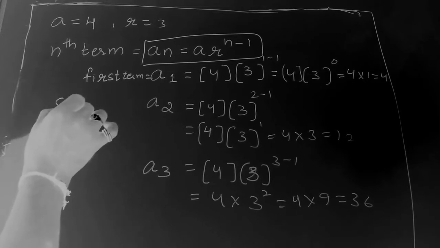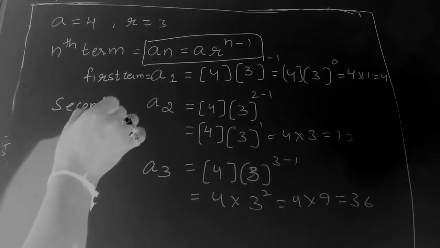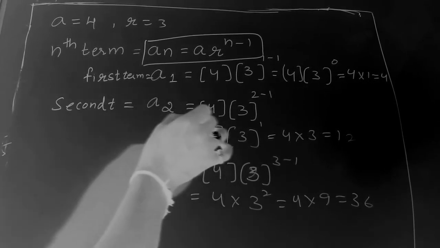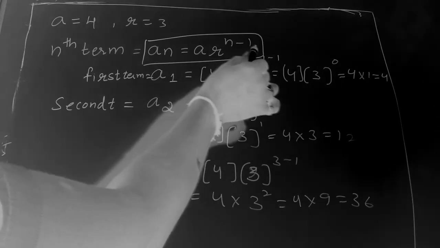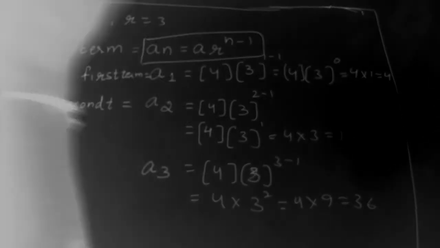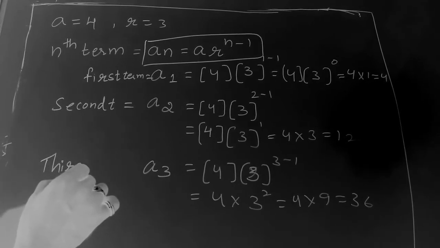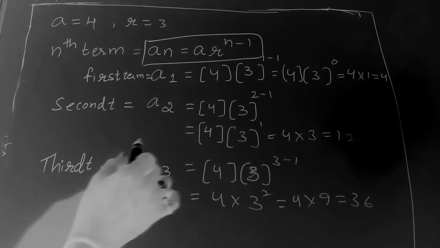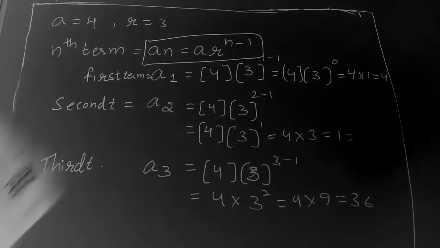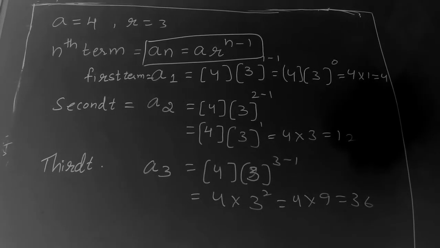For the second term, a2, I substitute 2 in the place of n. For the third term, I substitute 3 in the place of n. This is the way we can find the three terms of GP.